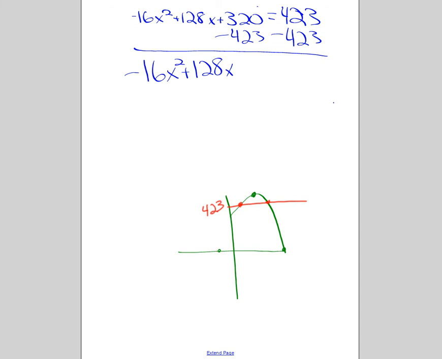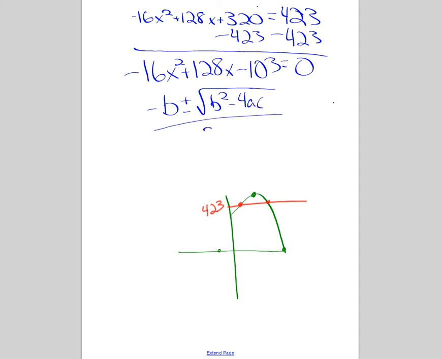What's 320 minus 423? Okay, so if we have negative b plus or minus the square root of b squared minus 4ac, over 2a.